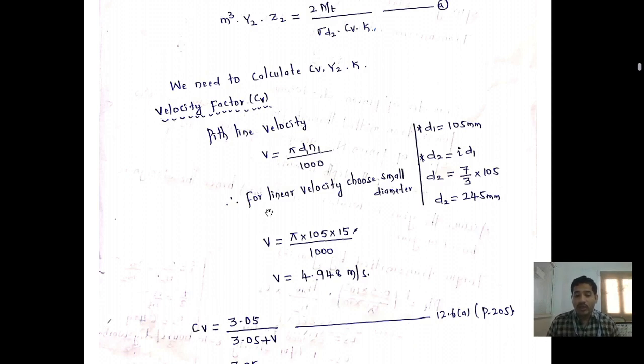After getting the value, we need to find out the velocity factor. What do we need to find out here? The velocity factor. If you want to find out the velocity factor, we know the formula: Cv is equal to 3.05 by 3.05 plus v. Is it right? You have to refer to this equation on page number 205, equation 12.6a, from the Design Data Handbook by Bahauddin. You will get this formula.